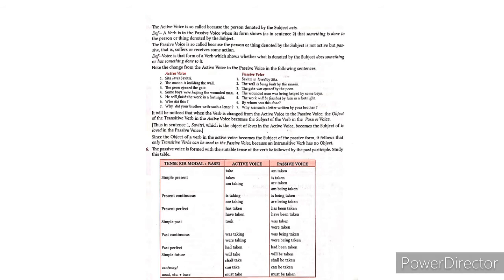When you change it to passive, Savitri will become the subject and Sita will become the object. So Savitri is loved by Sita.